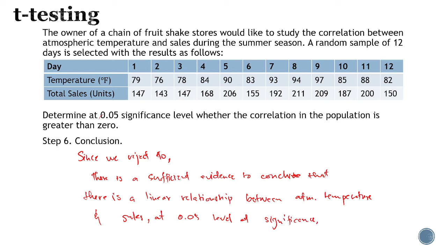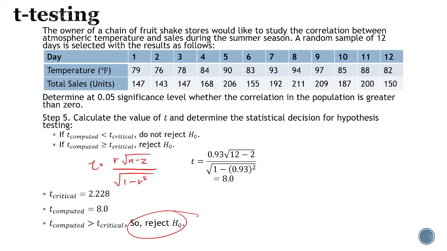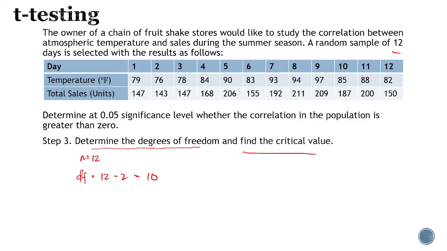Okay, so that is how we approach t-testing. So, since na-reject natin yung HO, we have this conclusion. Okay? So, hopefully, naging clear yung step-by-step na ginawa natin kanina. So, ulitin lang natin kung ano ba yung mga pinagagawa natin kanina.